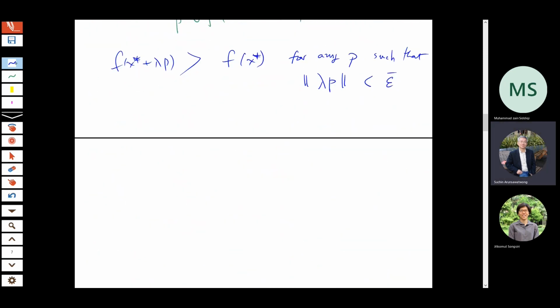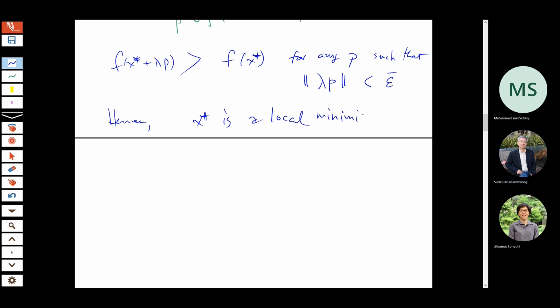And hence x star is a local minimizer of f. QED.